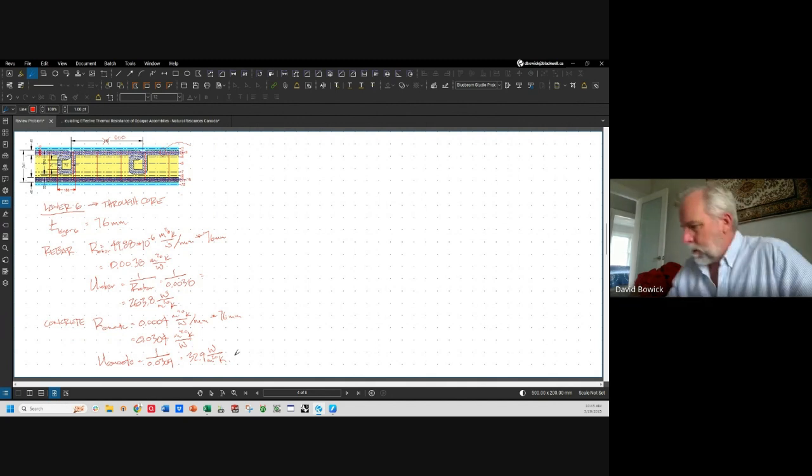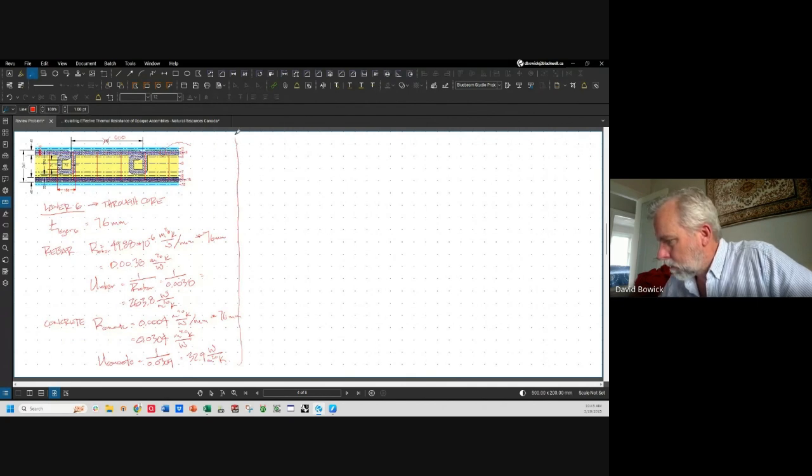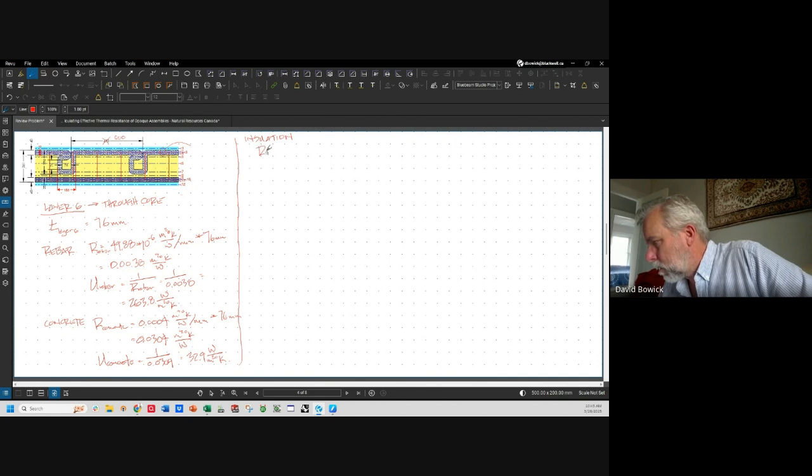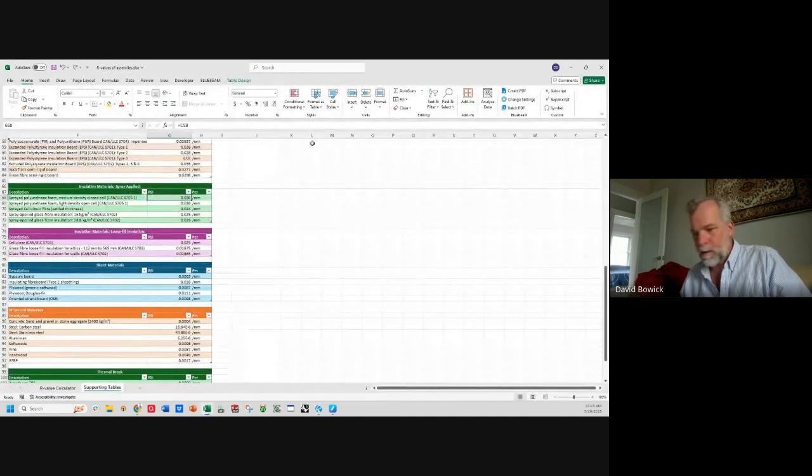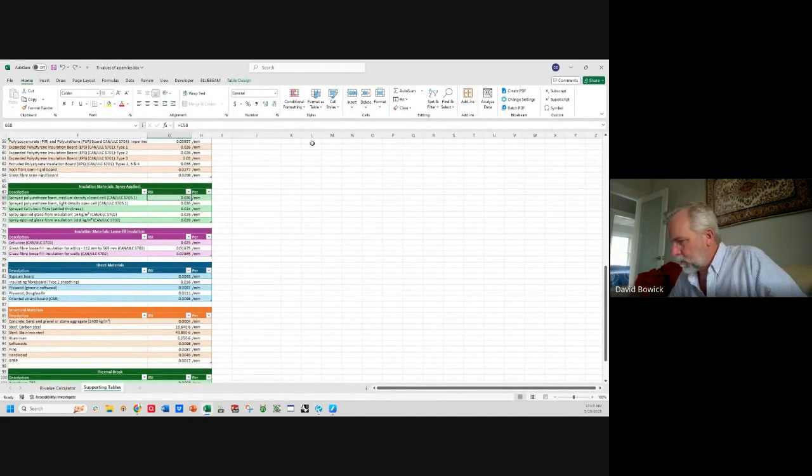And then insulation. Flip back to our spreadsheet. We go up to the insulation products.